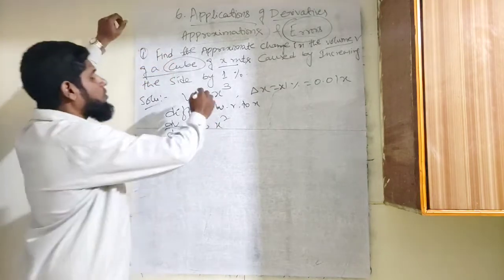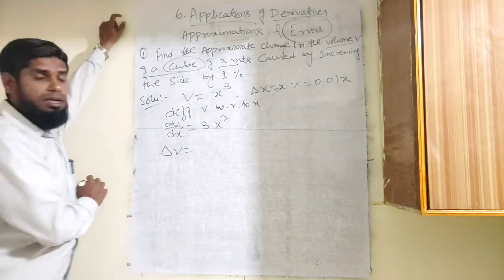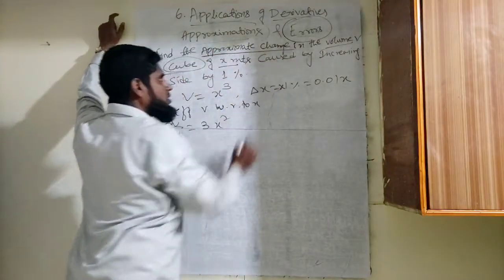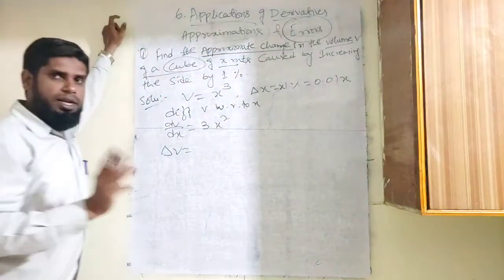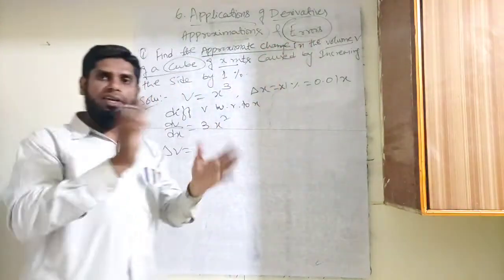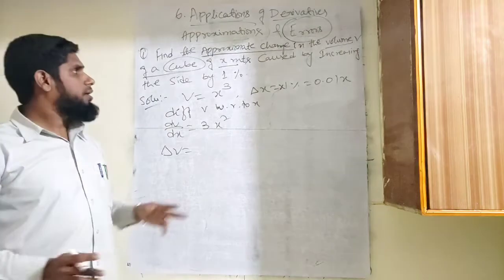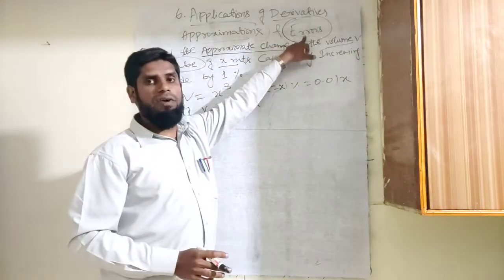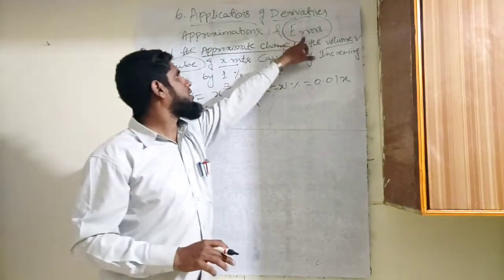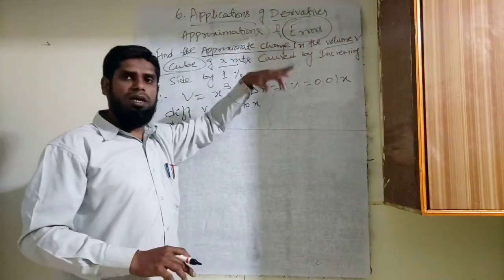How can we identify whether it is an error or not? See, here he has used the words approximate change. I clearly said he may not ask for error directly, he may ask in different ways, and the other way of asking error is approximate change, or the other name of error is approximate change or change.